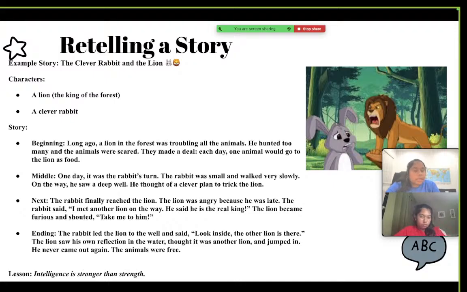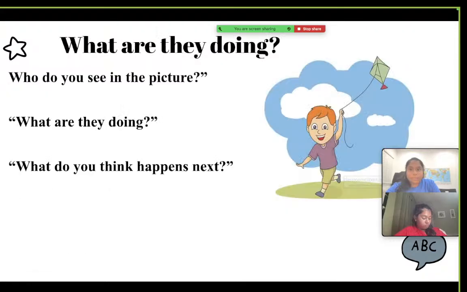And then in the ending, the rabbit led the lion to the well, and the lion jumped inside the well, right? So that's the happy ending. The rabbit and the other animals are happy now, okay? They're free from the lion, so that's a good ending. So our lesson is intelligence is stronger than strength, okay? That's the story.